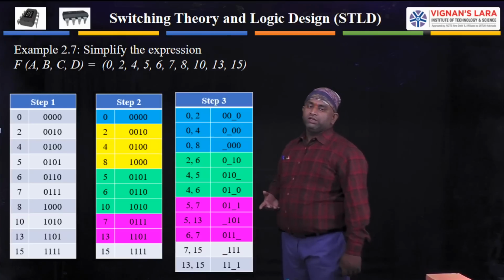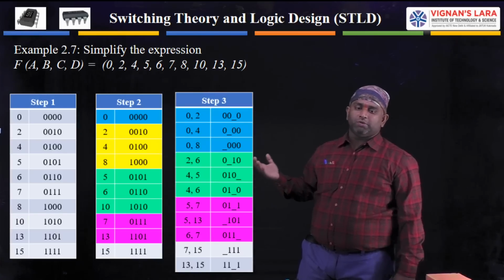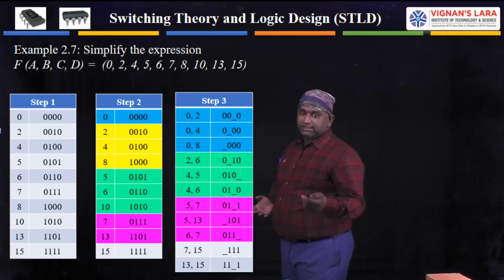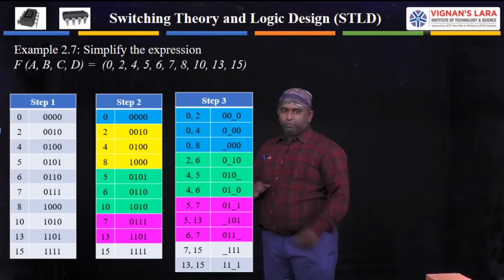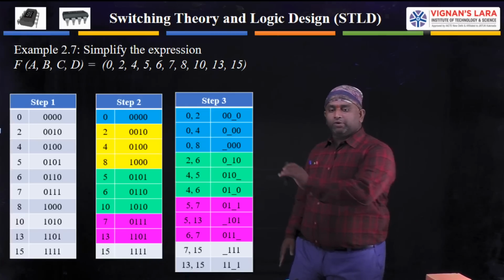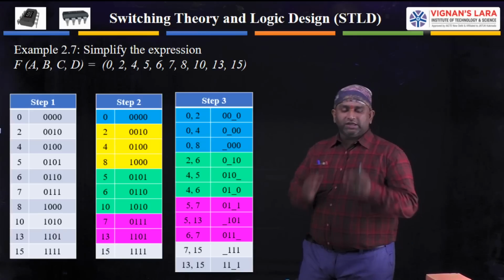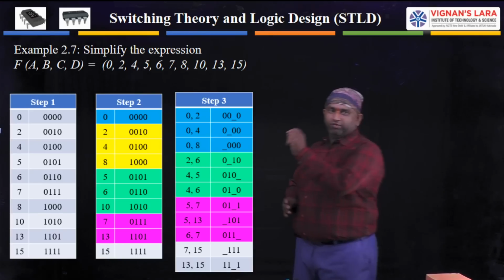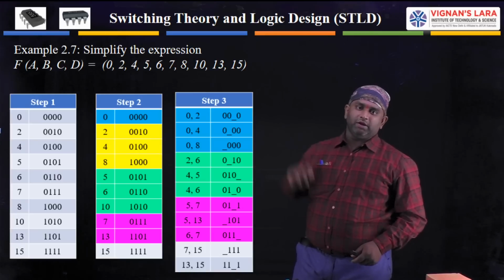Next, in step 3, you have to identify the pairs 0,2; 0,4; 0,8. I said that you have to solve this problem, but I am giving the answer up to this step, and I am going to stop here. Now the remaining two steps, step 4 and step 5, are your task. I have given step 1, step 2, and step 3 in this slide.